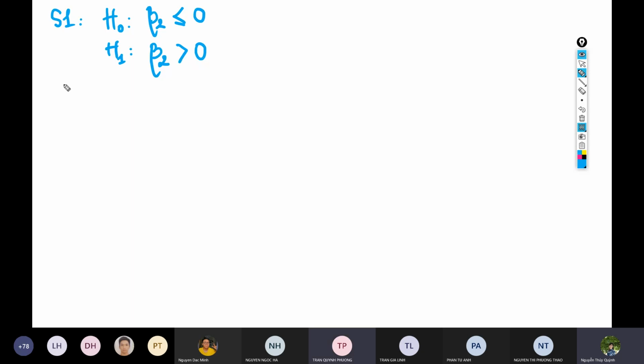All right, step 2, what is it? We find the test statistic. We will have to calculate the test statistic.